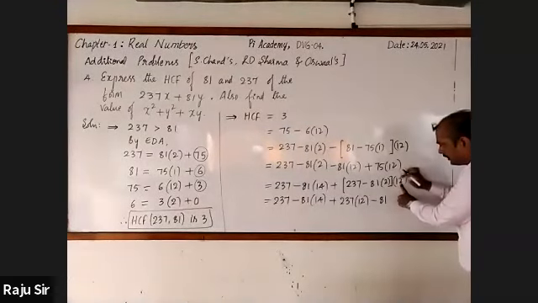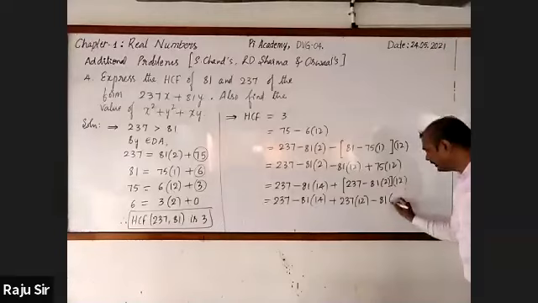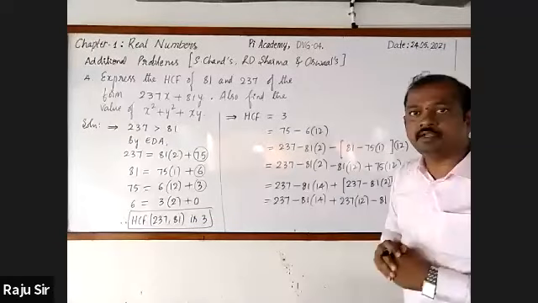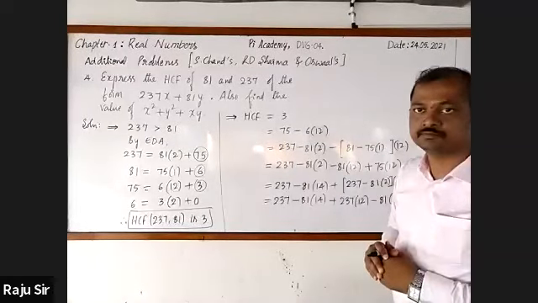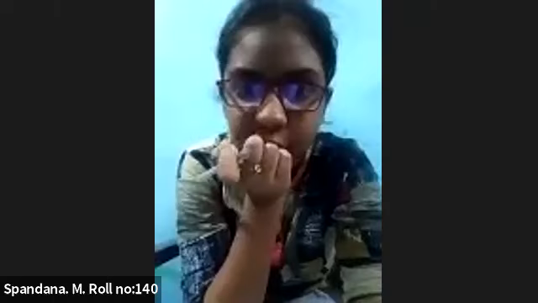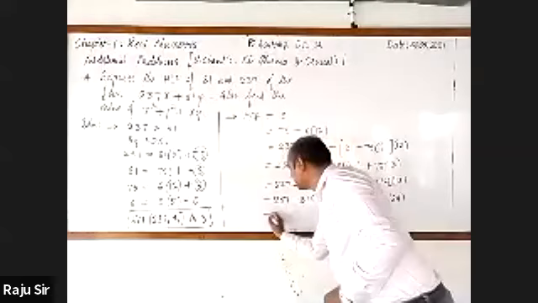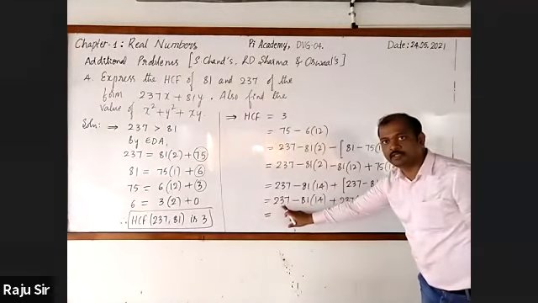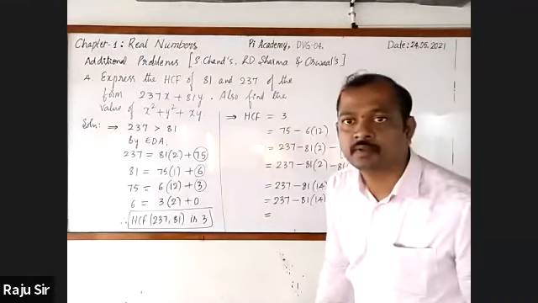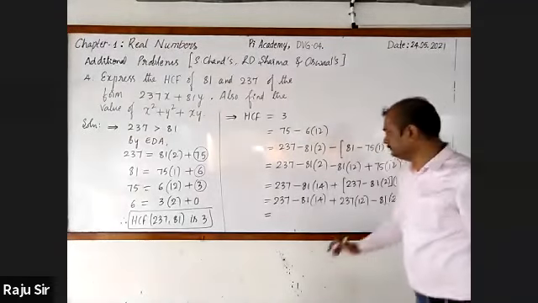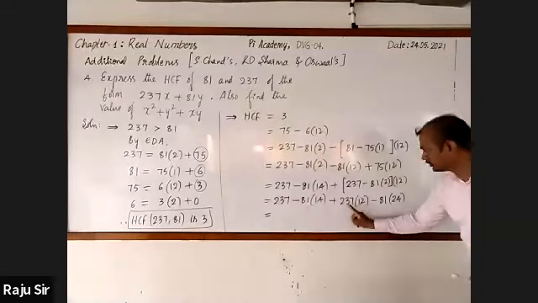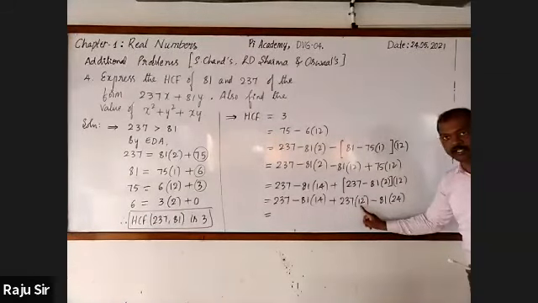Next. Plus into minus is minus 81. Here 12 is there. Multiply 12 with 2. It is 24. Do you have any doubt? No, sir. Let me continue. This is equal to, observe here, 237 one time. 237 one time. Here 237 12 times.